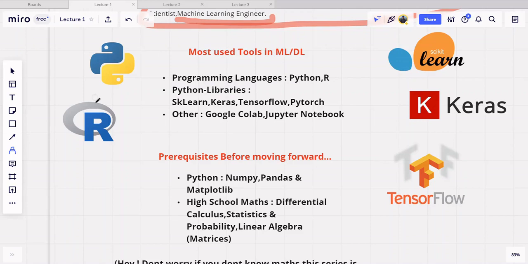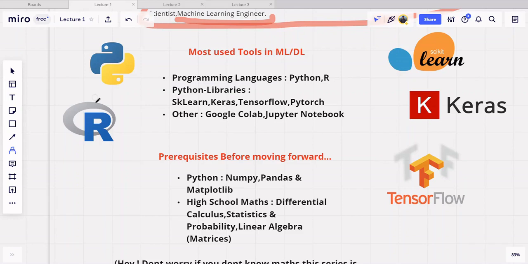The reason Python is so popular in machine learning and data science is its very simple syntax, and it also provides a lot of machine learning and deep learning libraries.